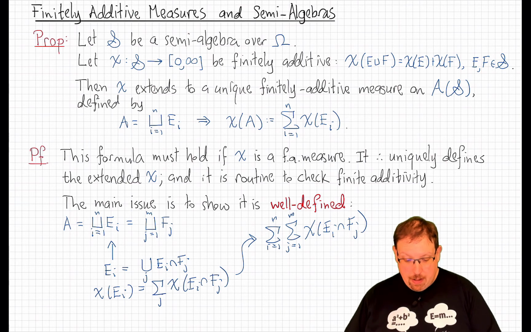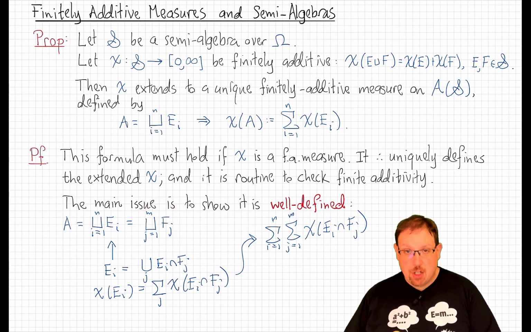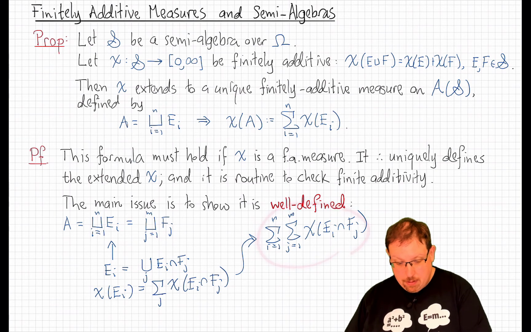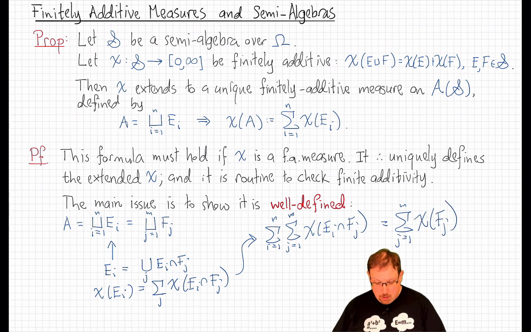Put another way, if we repeated this exact same argument, decomposing each F_J in terms of the partition of the E_Is, we would arrive at exactly the same formula for the sum over J of chi of F_J, showing the desired consistency and well-definedness, and concluding the proof.